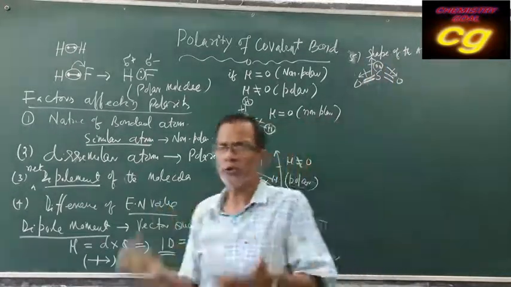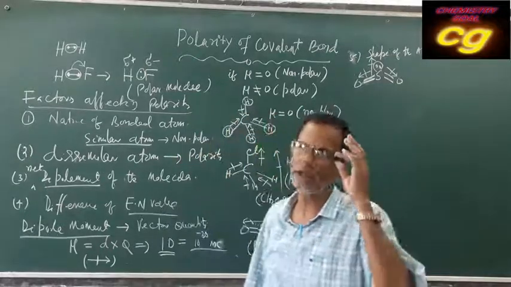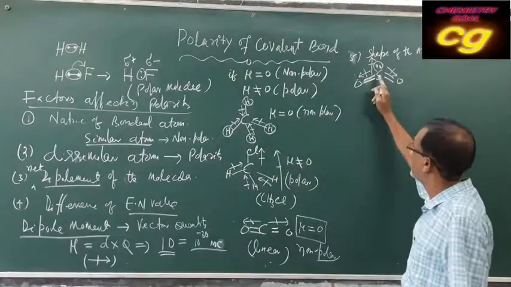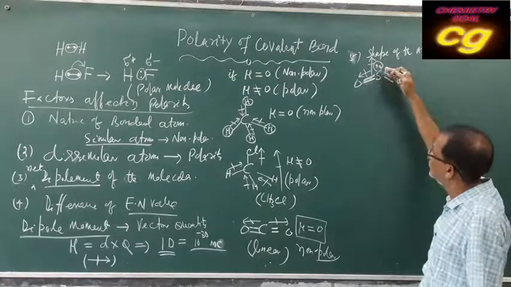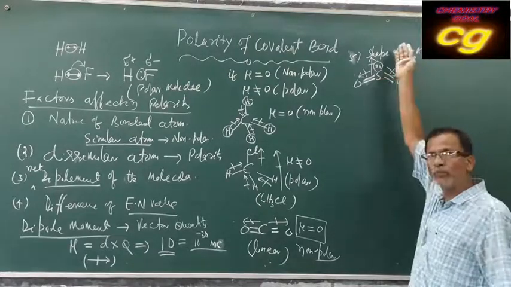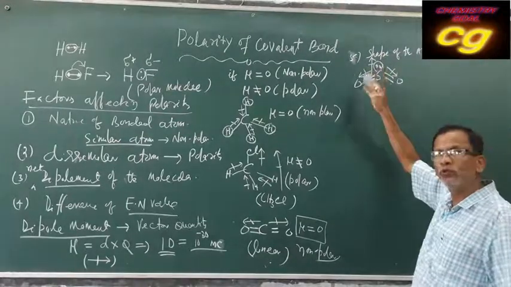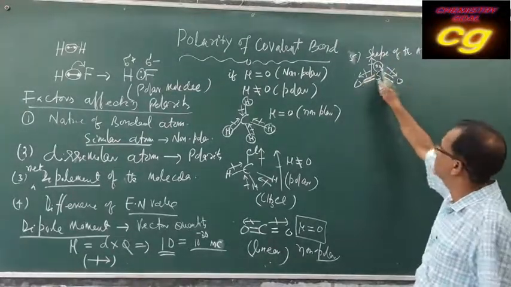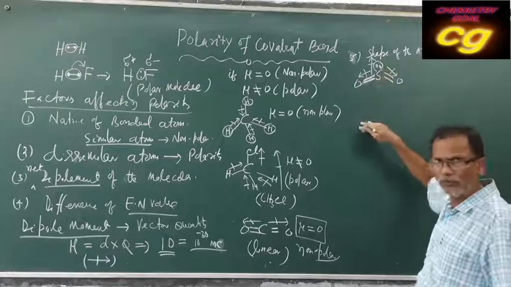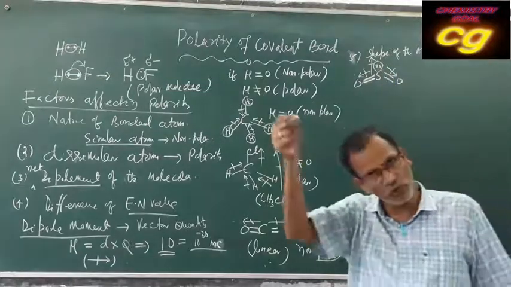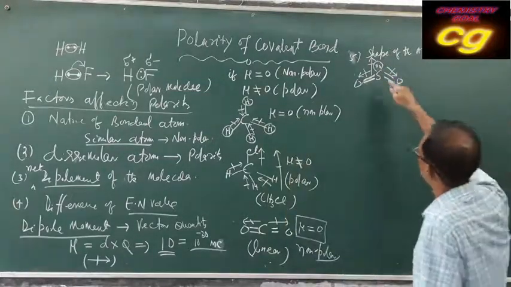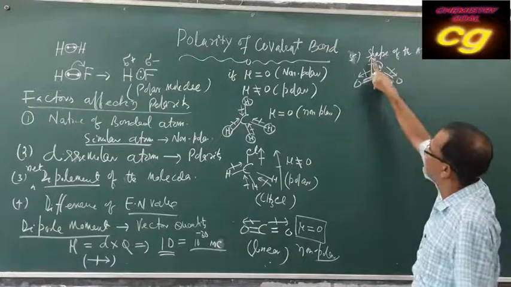That depends on the lone pair availability. If you draw the lone pair up, then the dipole moment direction will be upward. If you place the lone pair down, then you write the dipole moment towards down. As it is placed above, the dipole moment will be this.